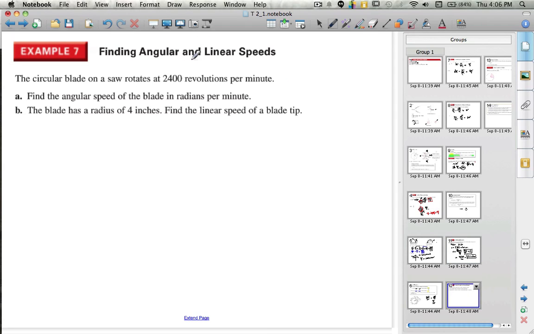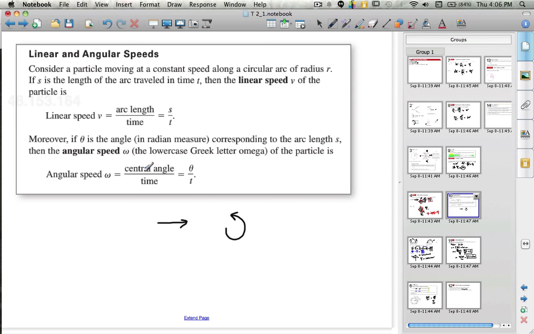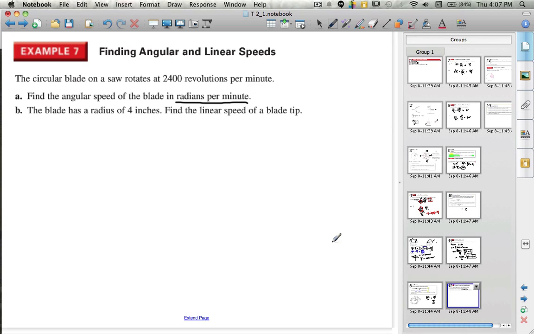And now we're going to talk about angular speed. A circular blade on a saw rotates at 2,400 revolutions per minute. Find the angular speed in radians per minute. The blade has a radius of 4 inches. So let's go back and take a look. It's the central angle divided by time. Well, I want to deal with minutes, and it rotates at 2,400 revolutions per minute. It goes around 2,400 times per minute.